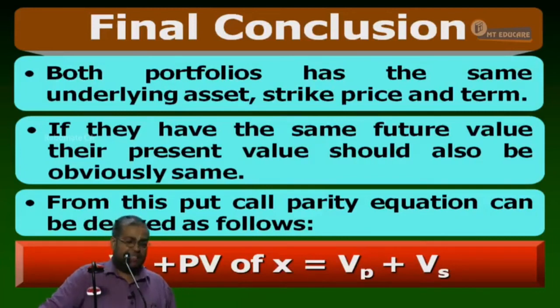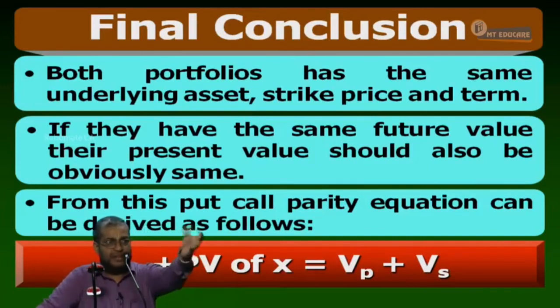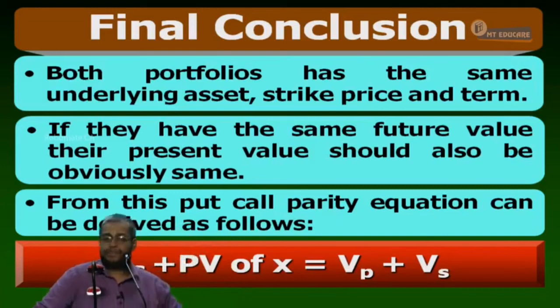If parity is absent, what is present? Arbitrage is present. If parity is absent, arbitrage is present.